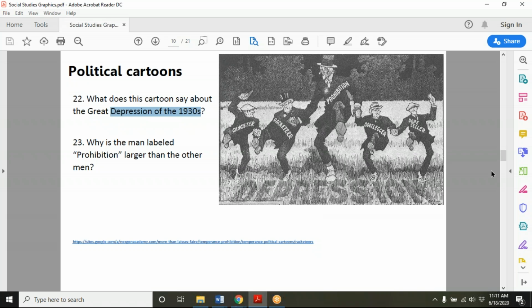The tallest guy here, which might represent the biggest problem or the biggest person benefiting, is prohibition. He's holding hands with a bootlegger. I think the term goes back to the idea that you'd have a flask of alcohol down the leg of your boot, if you had high boots.